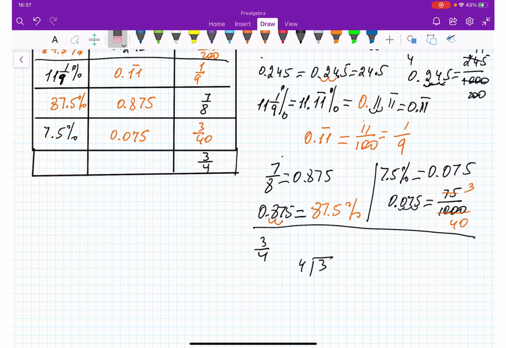Okay, let me save time because you already know how to divide, right? 0.75. And if I have 0.75, moving by 2 positions to the right, which is multiplying by 100, I'm getting 75%. We are done.